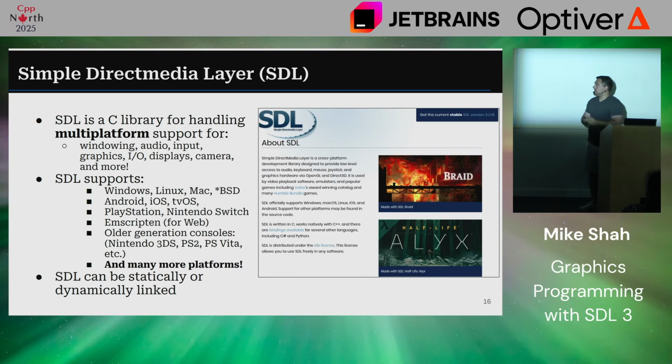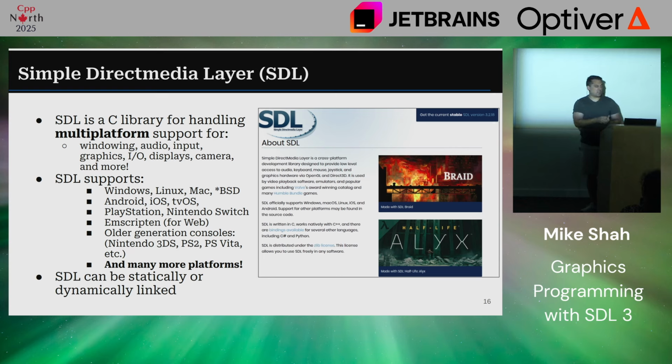So the SDL library, as far as what it contains, does things like windowing, if you want to open a window, handles audio, has a layer for that, input, keyboard, mouse, if you plug a joystick or a gamepad into your computer, whatever devices you have, it adds support for that. SDL version 3 also has some cool stuff, like if you have a webcam, it takes care of that as well. So whether you're on an Android device or your desktop, you can interface with those devices.